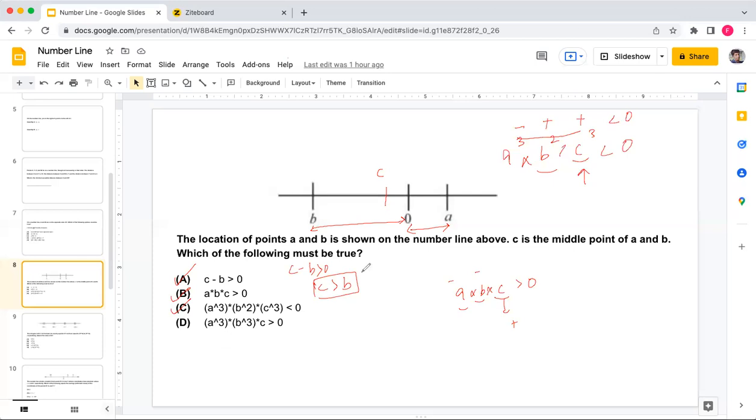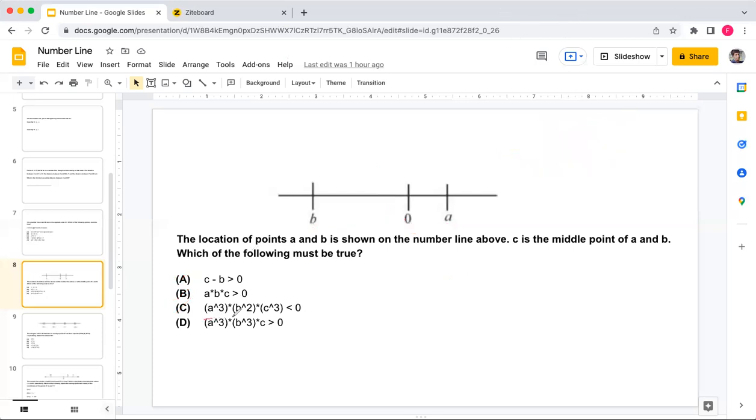Oh, yes, I just made a mistake here. Okay, so if I discuss this again, A is positive, B is negative and C is negative, right? And according to A cube into B square into C cube is less than 0. What is A cube? This is positive. What is B square?